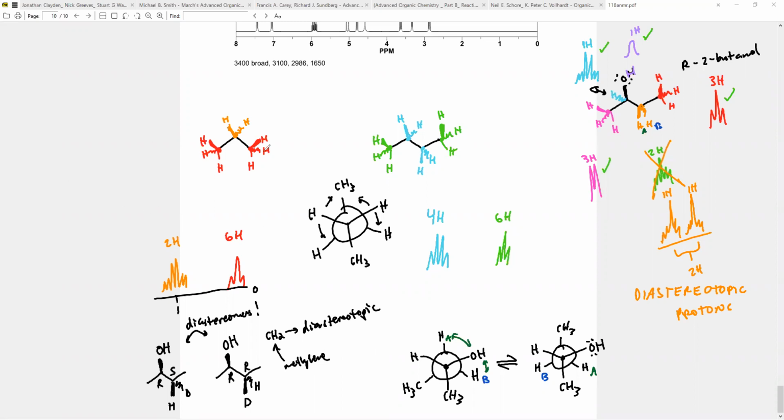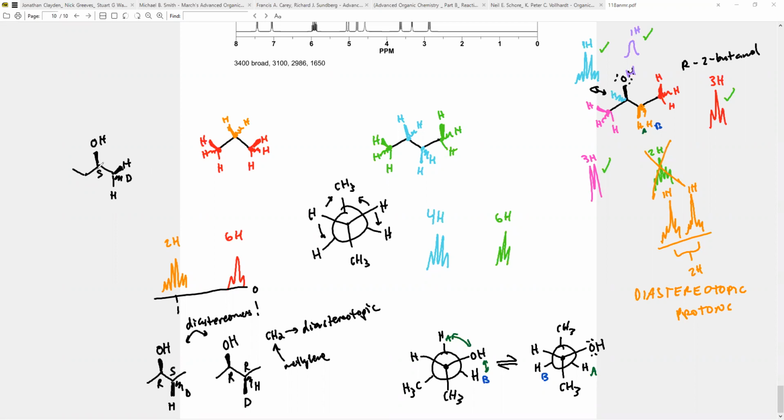Obviously on this one, even if I switched one with D, this is still an achiral center. Let's say I used a butane example, and I put an OH here. This is never going to be diastereotopic, because even though it would be S now, oh wait, is it?